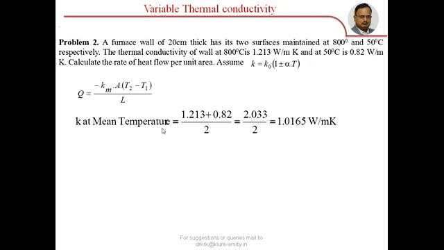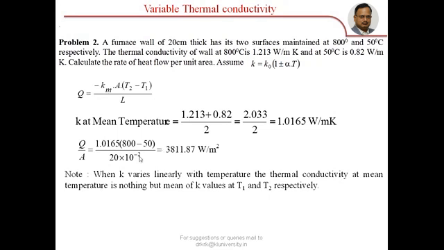So K mean is (1.213 plus 0.82) by 2, 1.0165. Now Q is equal to minus K mean A (T2 minus T1) by L, or Q by A is K mean, 1.0165, into delta T by L. You will get 3811.87 watt per meter square.